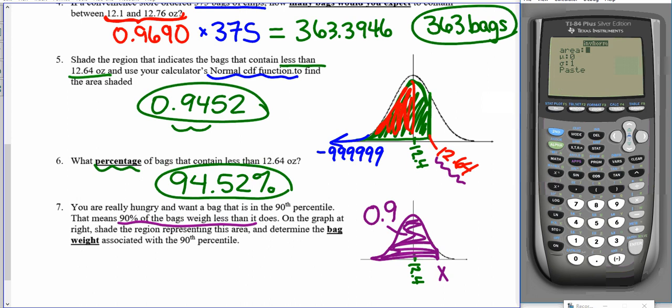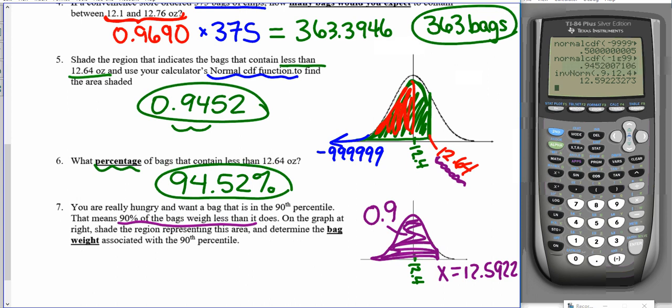Inverse normal, the area is 0.9. The mean, this was the 12.4. The standard deviation was 0.15, and it tells me I'm at 12.592.